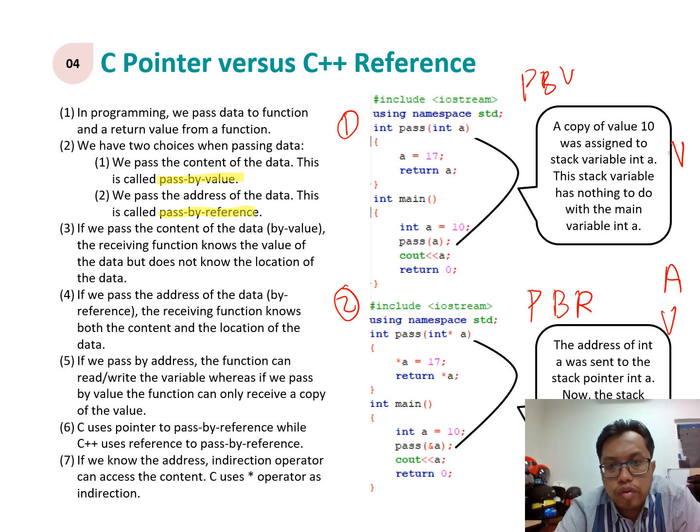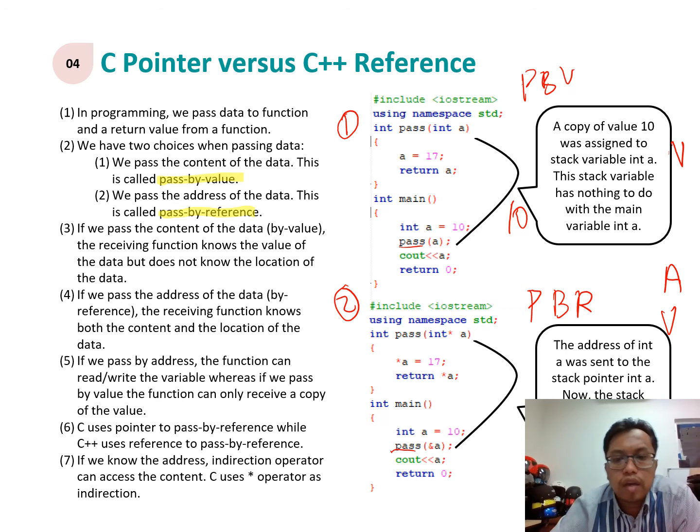It will show you the value of a as 10 again, because when you pass by value, the function cannot alter the values.